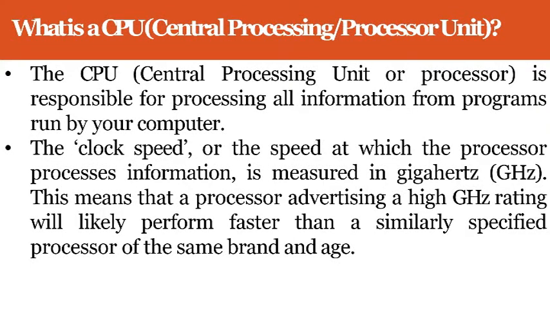Then, the CPU or the central processing unit or processor is responsible for processing all information from programs run by your computer. So the processor is the driver of the computer. Processors are usually differentiated by speed measured in gigahertz.